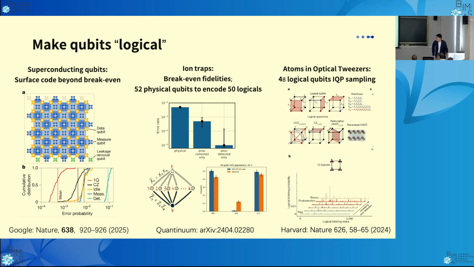It's in fact a fairly efficient encoding when compared to some of the codes, for example, surface codes, as adopted by most solid-state superconducting qubit groups.